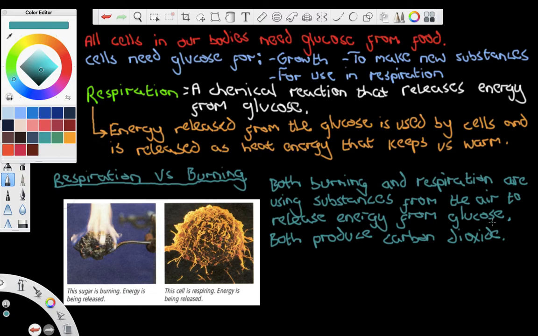However, in respiration, there is no flame. But in burning, the energy is released much more quickly and there is a flame. So we can say in burning, comma, energy is released quickly, making a flame.